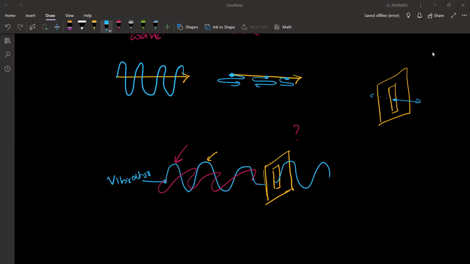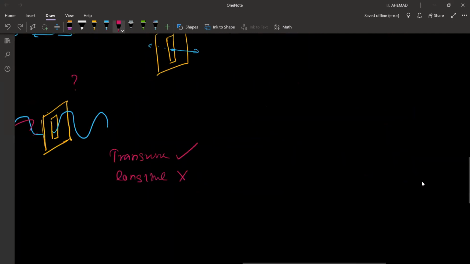So we can polarize transverse waves, but longitudinal waves we cannot polarize. And then we have this EM wave. This EM wave we are able to polarize.